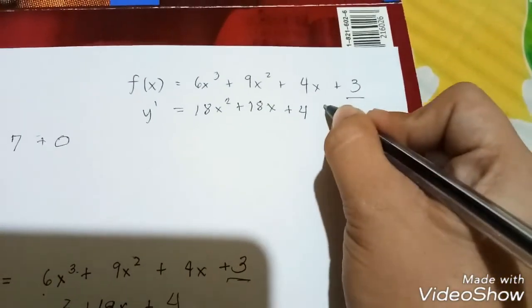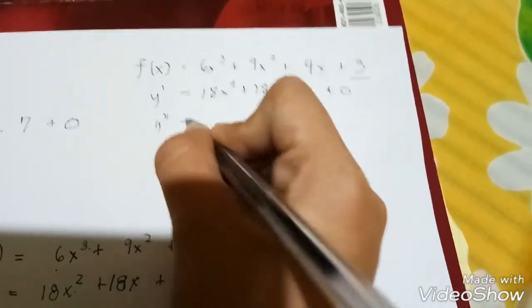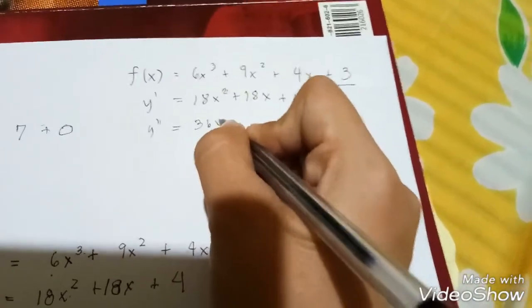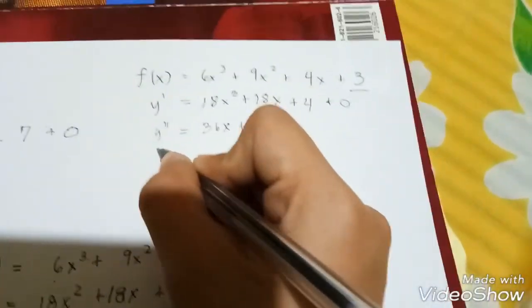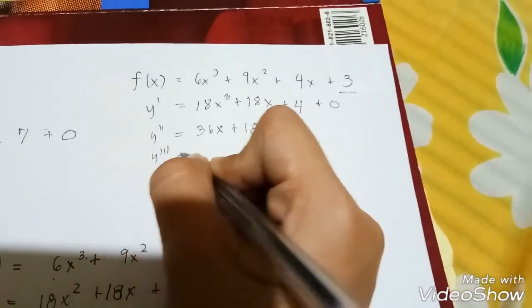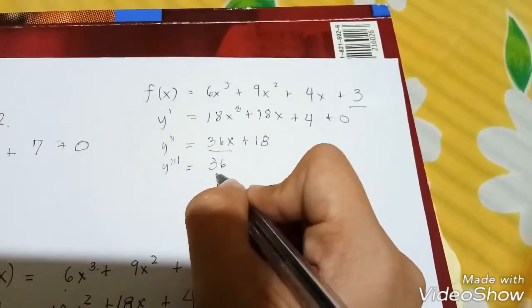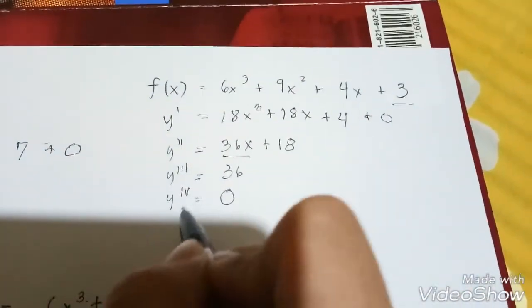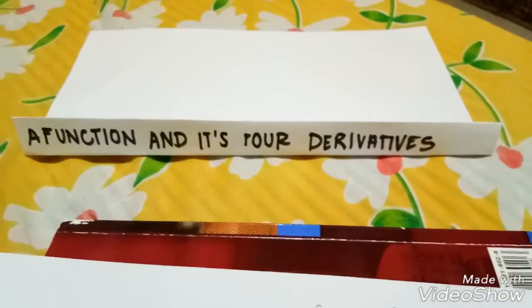Insert constant rule, so we'll have 0. y prime prime is equal to 18 times 2 is equal to 36x plus 18. And the third derivative is equal to 36. There. And the fourth one, of course, will be 0. So there you have it. A function and its four derivatives. Thank you.